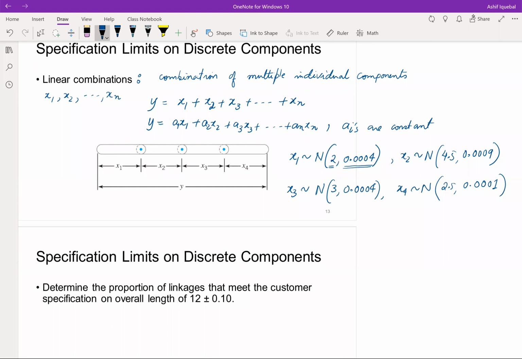And now we can write y as x1 plus x2 plus x3 plus x4, right?